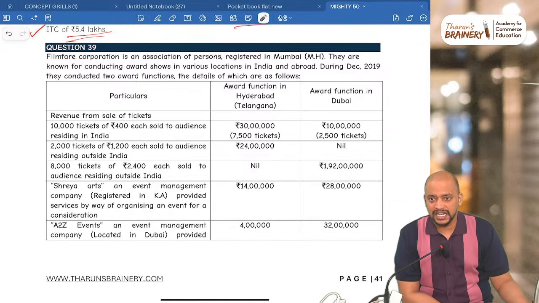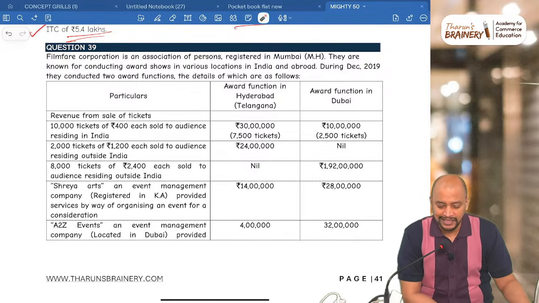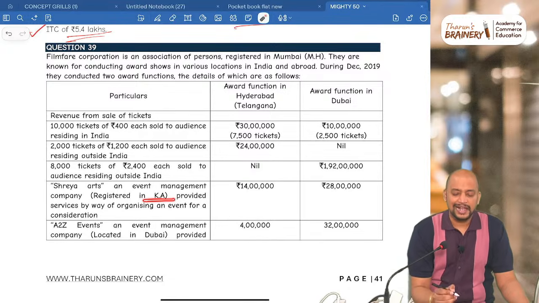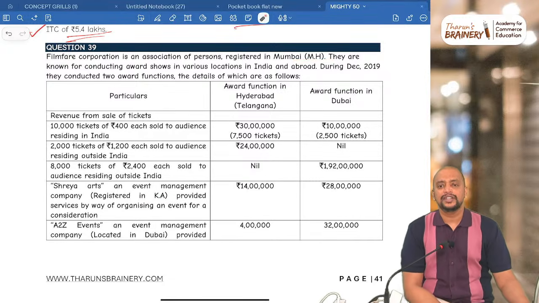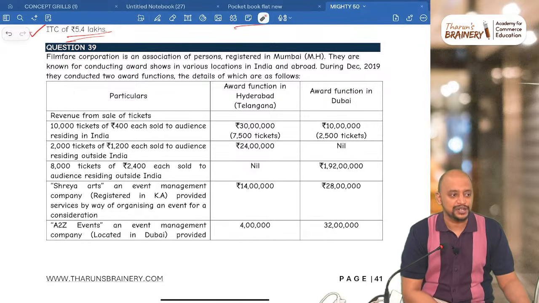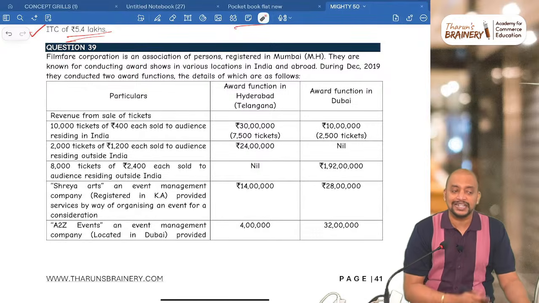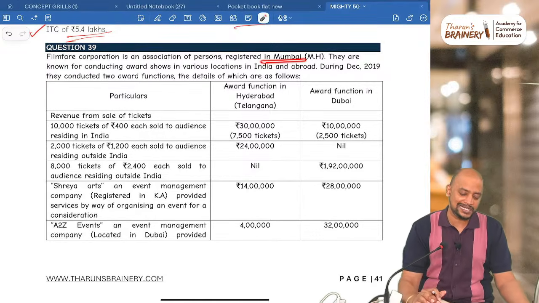For organizing an event, what is the location of supplier? Karnataka. And what is the location of recipient? Maharashtra. Therefore, organizing an event, section 12. So we should check B2B, B2C. It is B2B. So location of recipient. The recipient is Filmfare Corporation. So therefore, it will be Mumbai, Maharashtra.